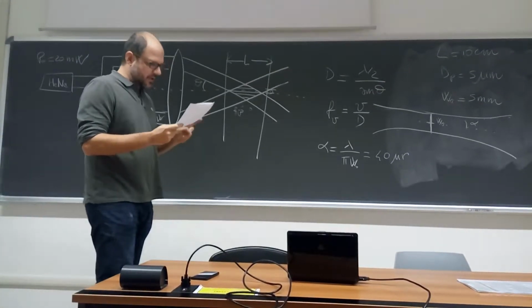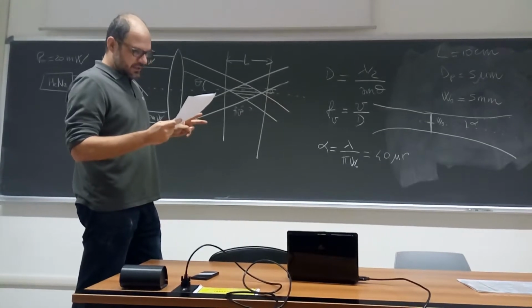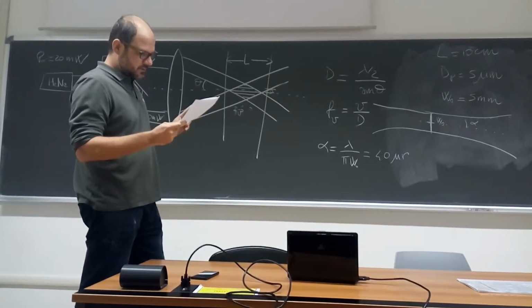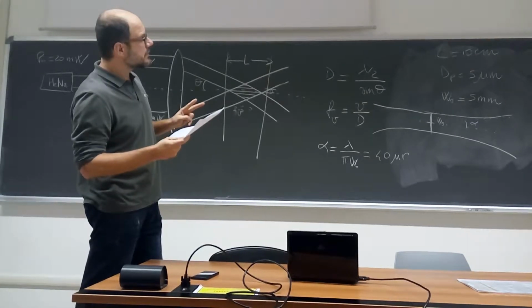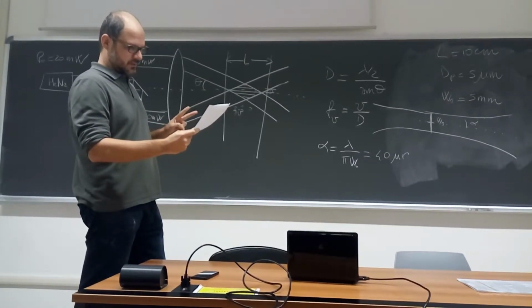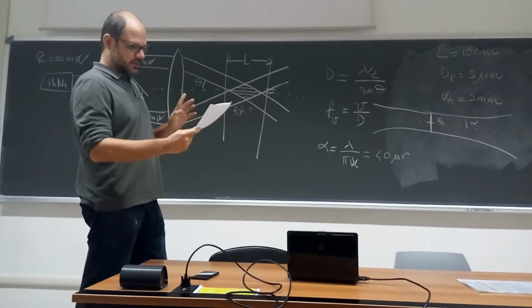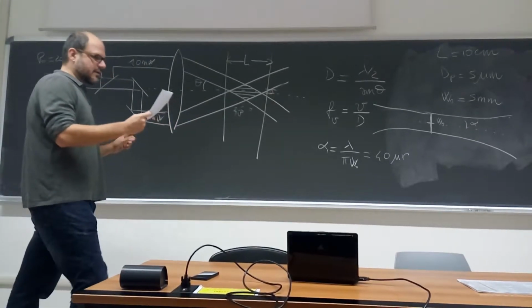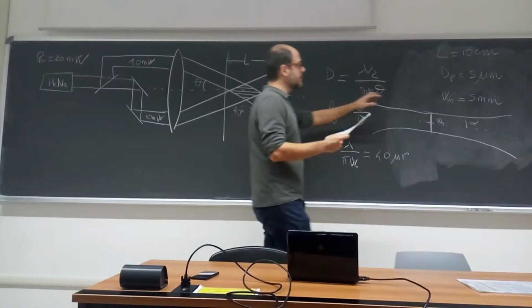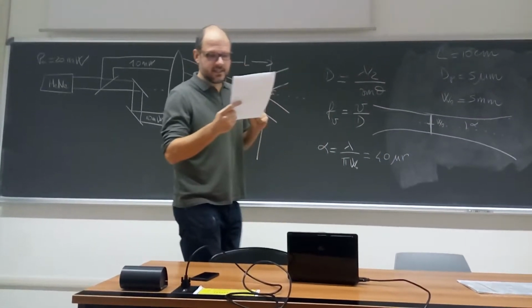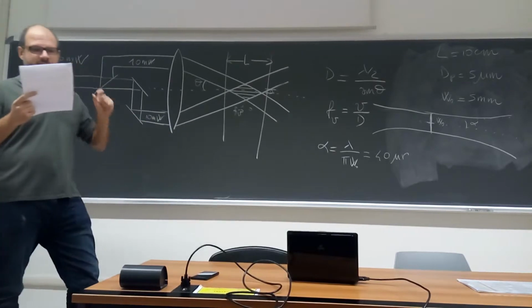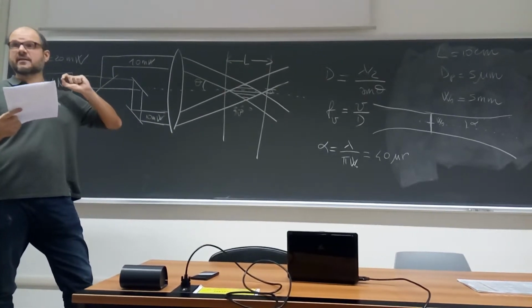Second point. Given the particle diameter of 5 micrometer, we want to design the interference fringes with a fringe spacing equal to 10 micrometers.